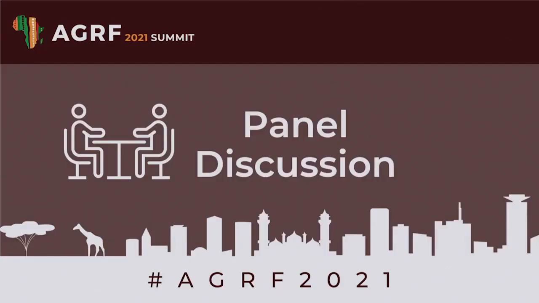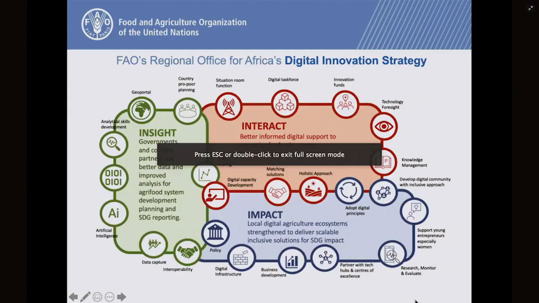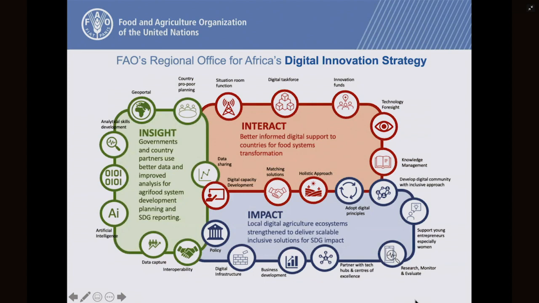Working, for example, through data, increasing support to data analysis, data analytics. We have decided to put more focus on FAO's own operations, how we can really have more digital inside our operations so that we can better respond to government needs and government requests.